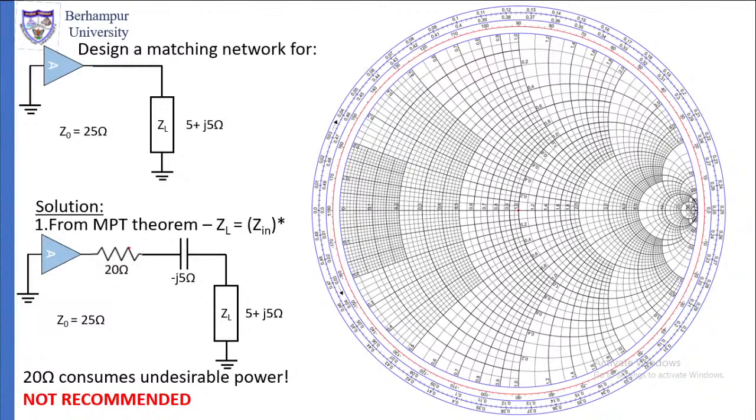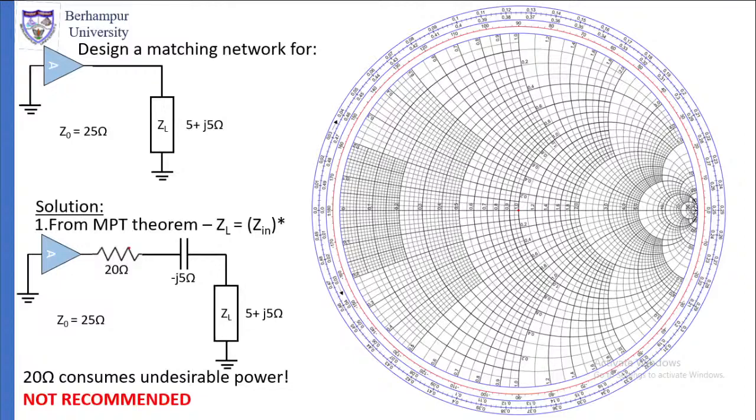That is not what we need. We do not desire that. What we need is the complete power should go to ZL, which means we cannot have a resistor or a conductance, because those are power consuming devices.